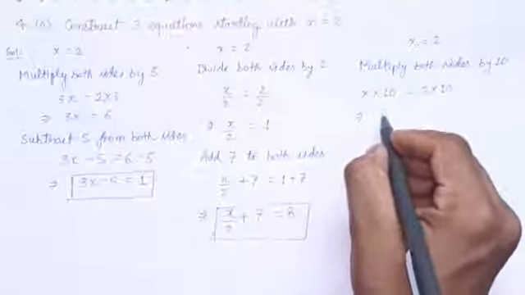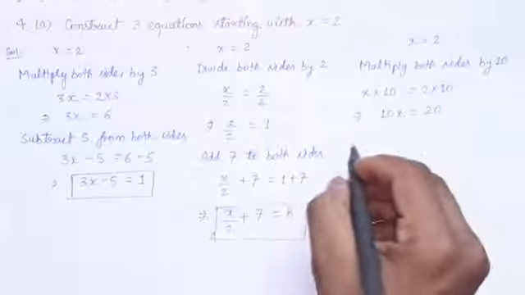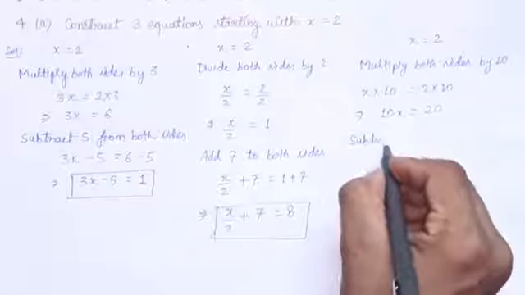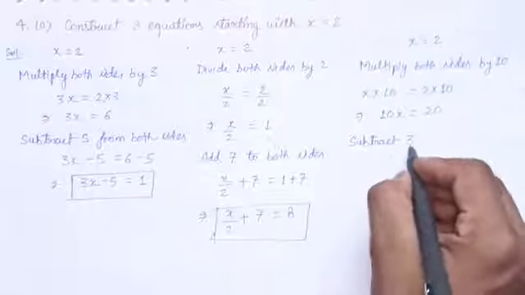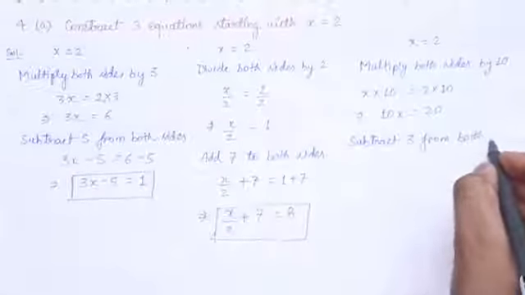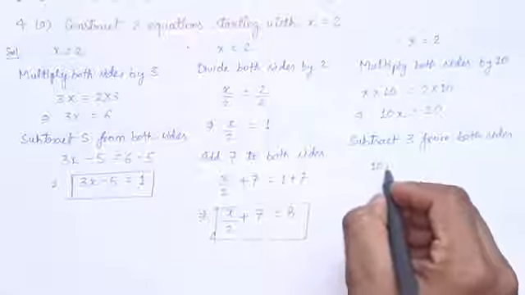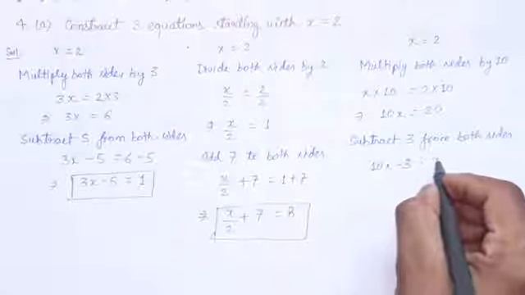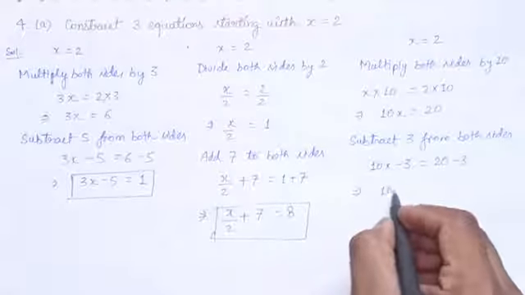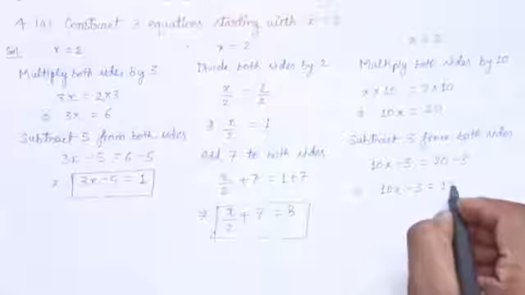It implies that 10x equals 20. Now let us subtract 3 from both sides. So we get 10x minus 3 equals 20 minus 3, which implies that 10x minus 3 equals 17.